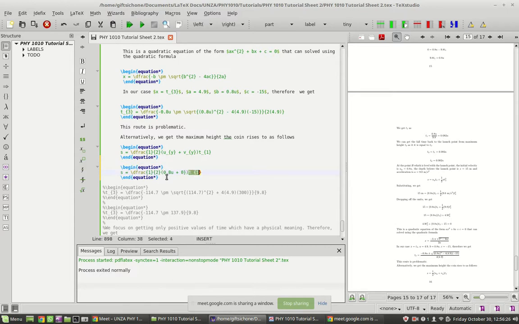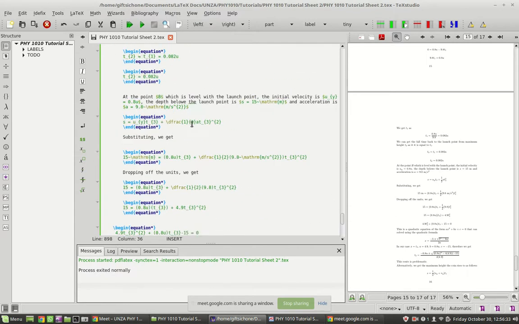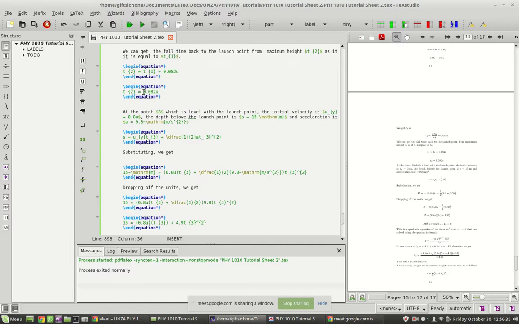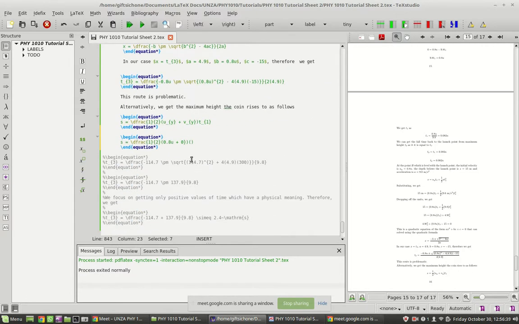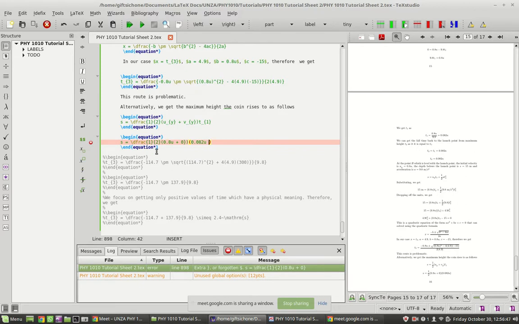Then the time T1, we found T1 to be what? Where is that?